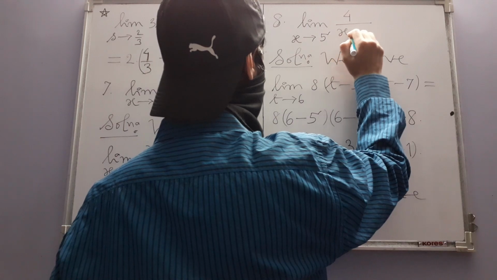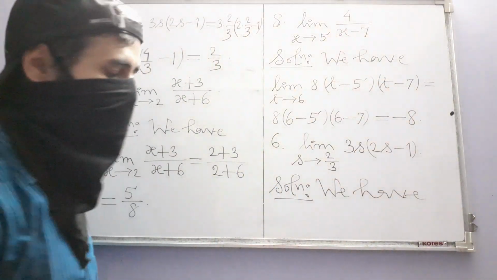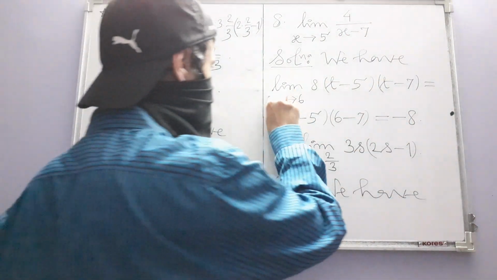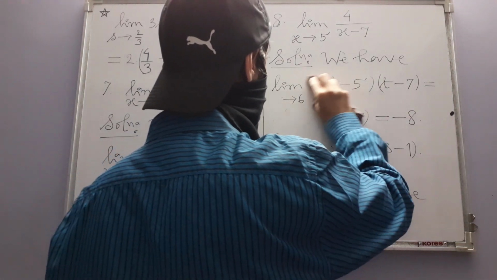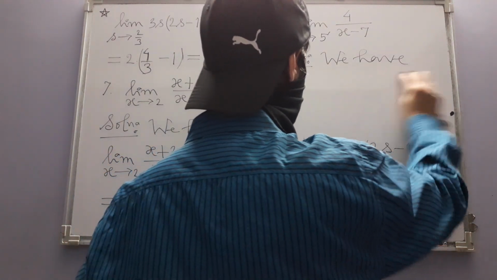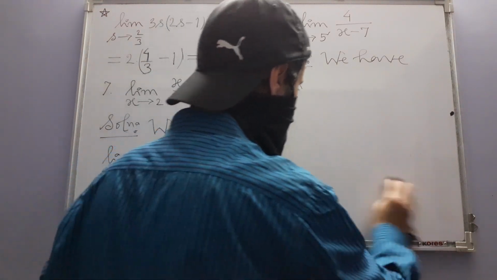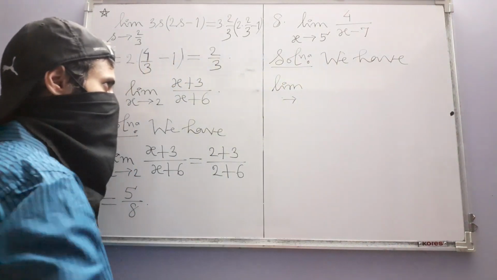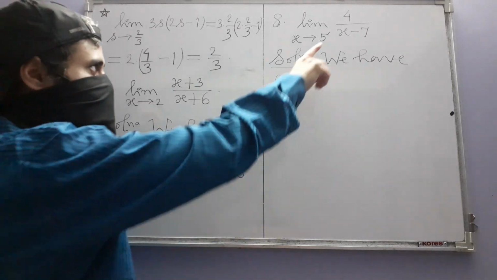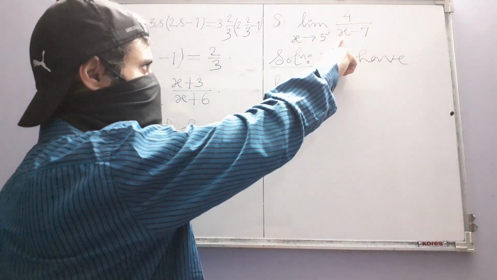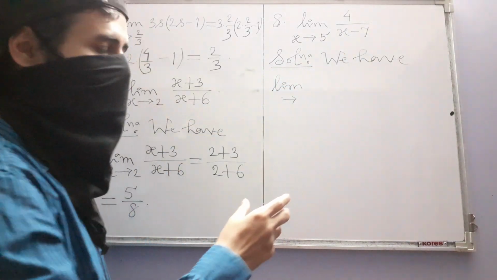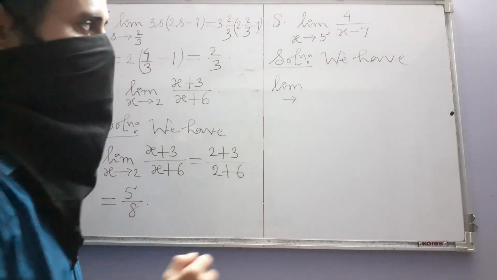Four over x minus 7. Note carefully that this is also a rational function. The denominator is a polynomial, a linear polynomial.